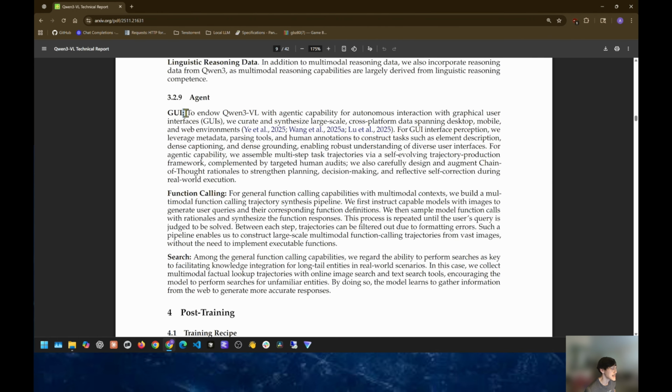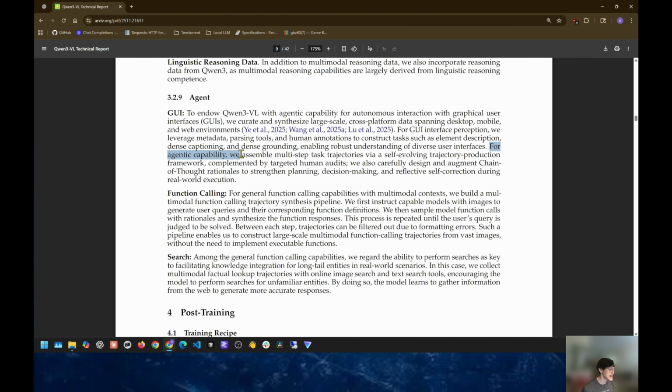GUI. To endow Qwen3VL with agentic capability for autonomous interaction with graphical user interfaces, or GUIs, we curate and synthesize large-scale cross-platform data spanning desktop, mobile, and web environments. For GUI interface perception, we leverage metadata, parsing tools, and human annotations to construct tasks such as element description, dense captioning, and dense grounding, enabling robust understanding of diverse user interfaces.